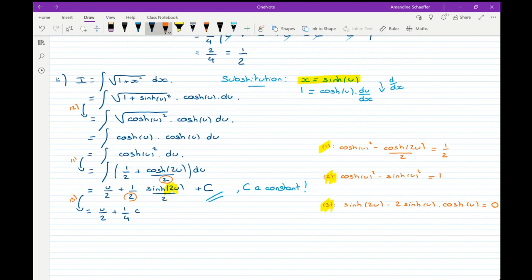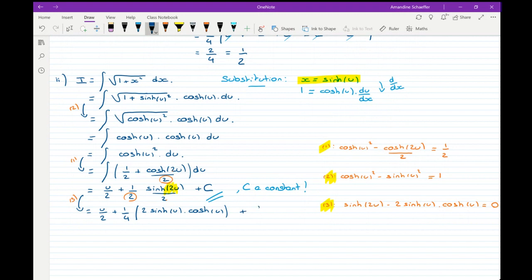Yeah, perfect. Okay, so I said that sine 2u is up. So there's a 2 again. 1/4 of sine 2u is 2 sine u cosh u.